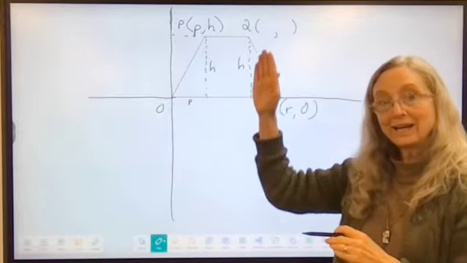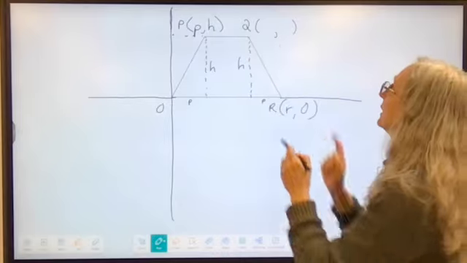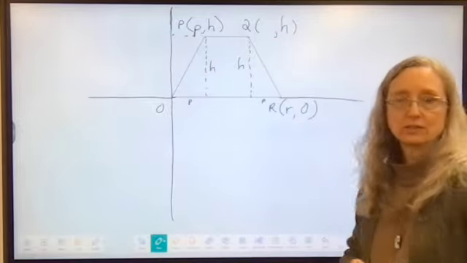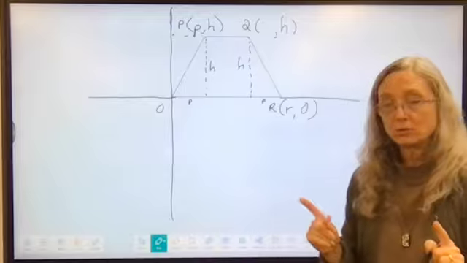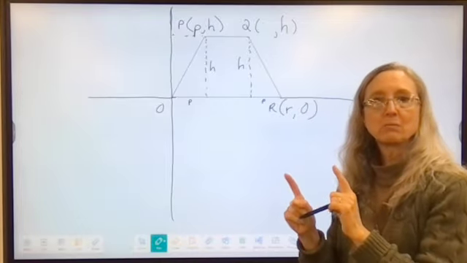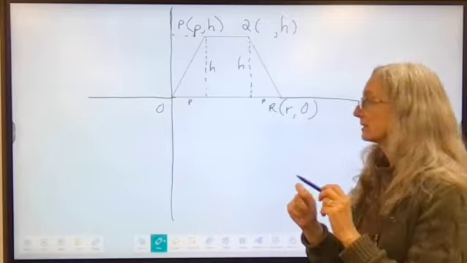So I know my height, I know my Y has to be H. What is my X? Sometimes with some of these you have to add or subtract.